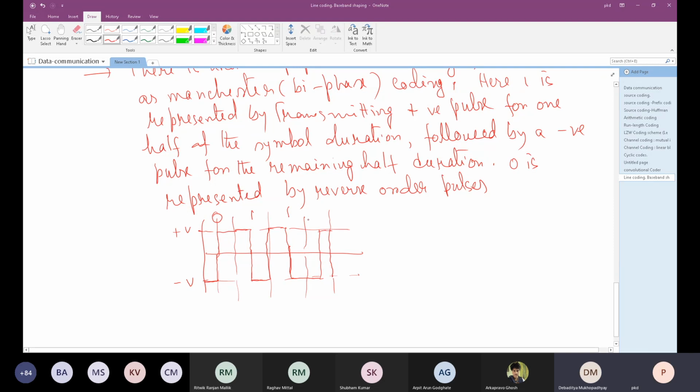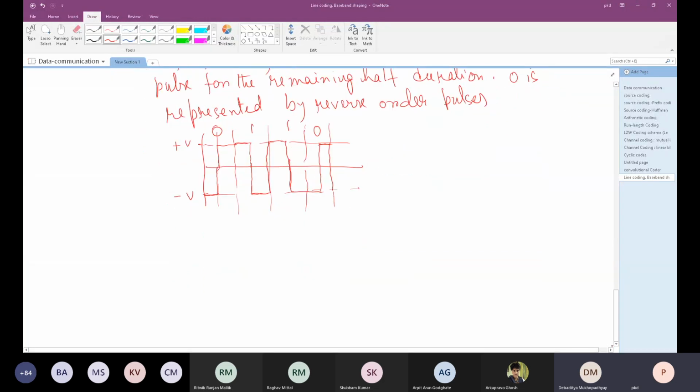So this is 0. So this is Manchester biphase coding. There are many more. However, these are some of the prominent ones.